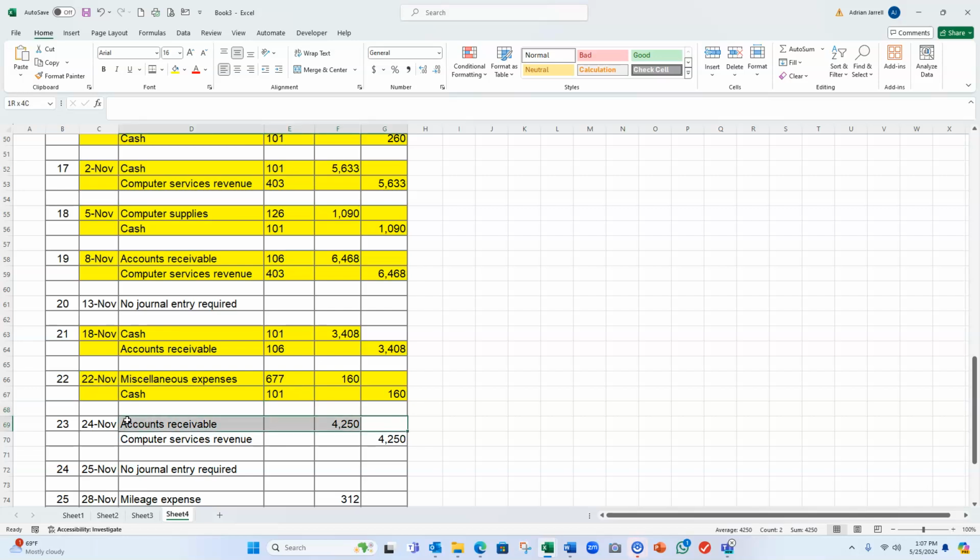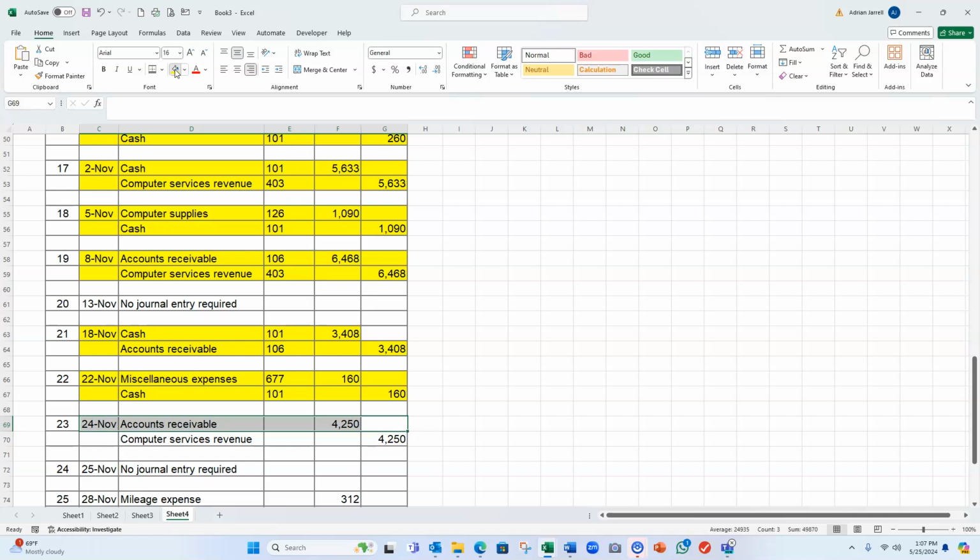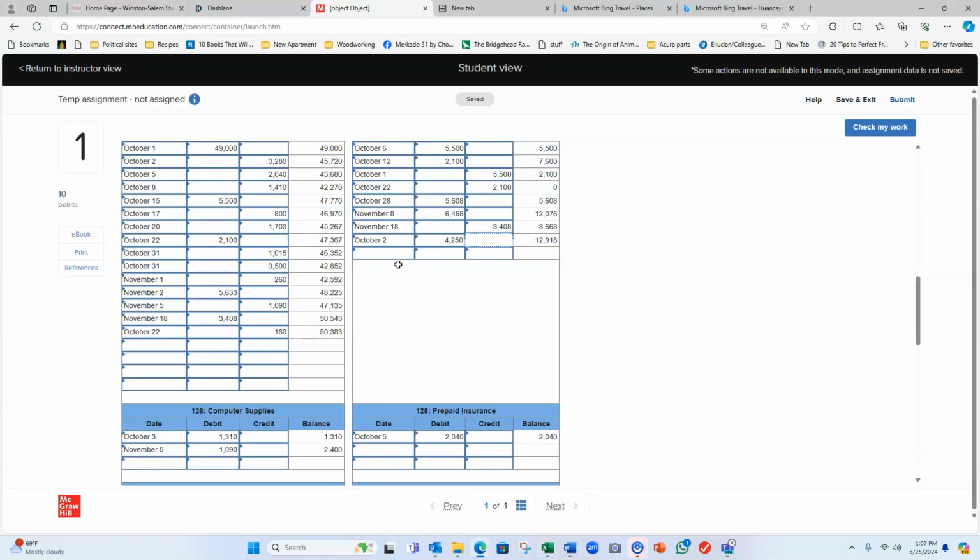We're going to debit accounts receivable on the 24th for $42.50. We're going to credit computer services revenue for $42.50 on the 24th. Yeah, see this right here.